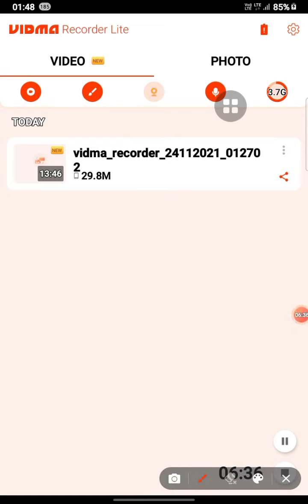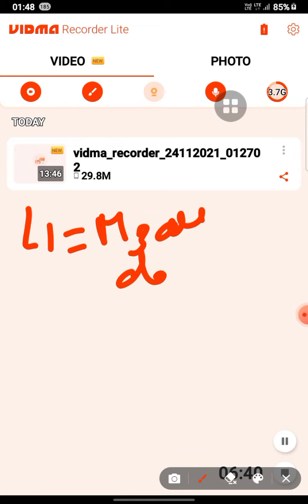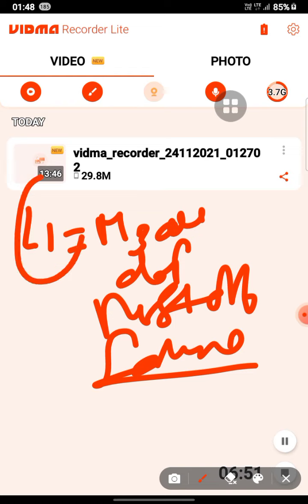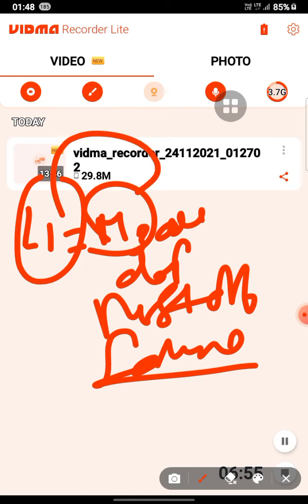That's why there is L1. L1 is M3 plus all deposits of post office savings. So L1 is correlated with M3.